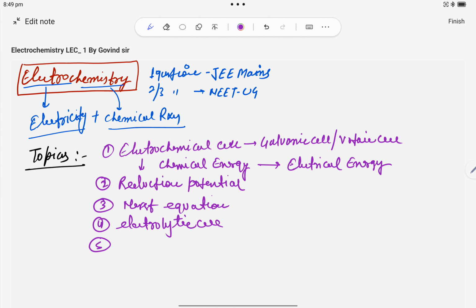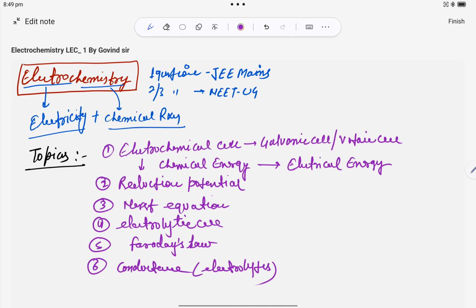Number 5, Faraday's law. And number 6, conductance terms, topics related to electrolytes. So these are the topics of this chapter, a total of 6 topics we are going to discuss. Hope it is clear to you.